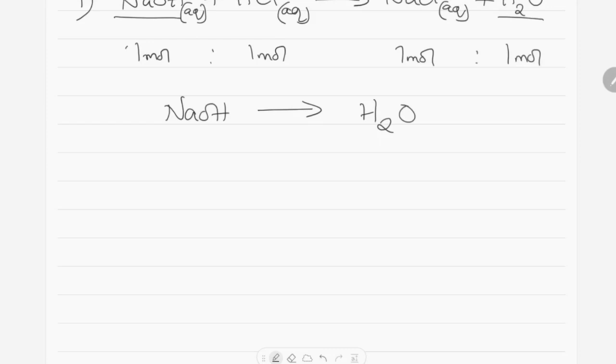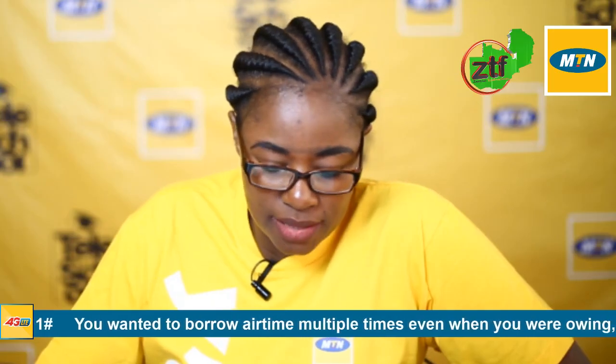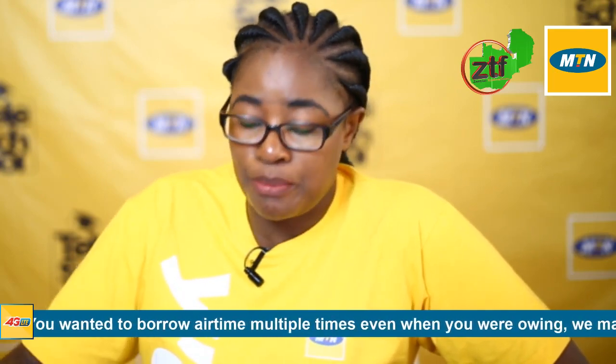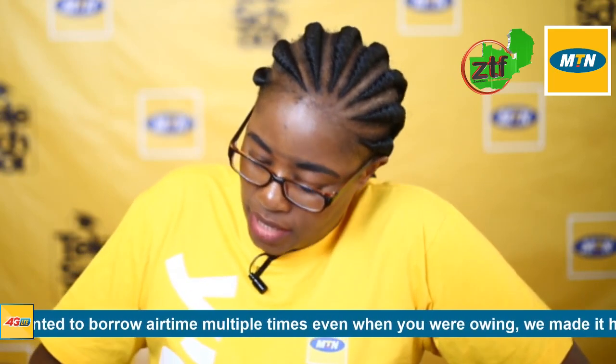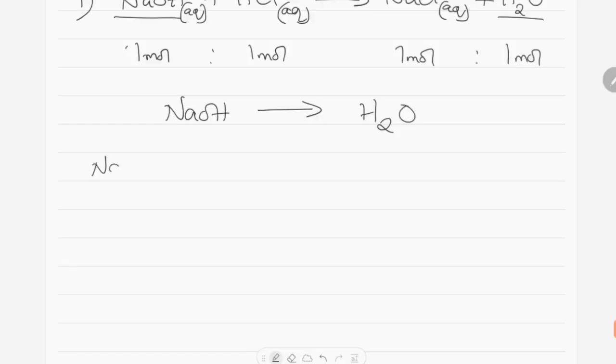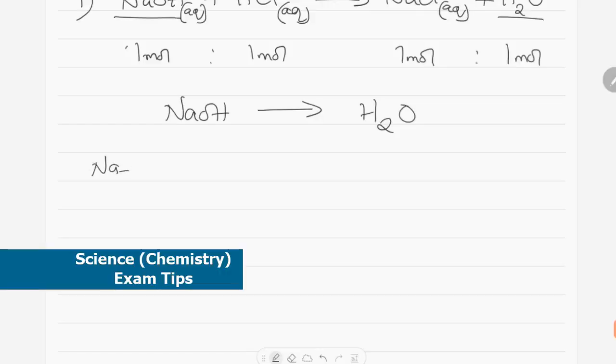Now, as you are solving, note that the relative molecular mass of a substance is equal to the sum of all the atomic masses of the atoms. So the relative molecular mass, for instance, of sodium hydroxide or water will be equal to the sum of the relative atomic masses of the atoms that are present in the compound. For sodium hydroxide, we have 1 atom of sodium multiplied by 23, which is the mass number.